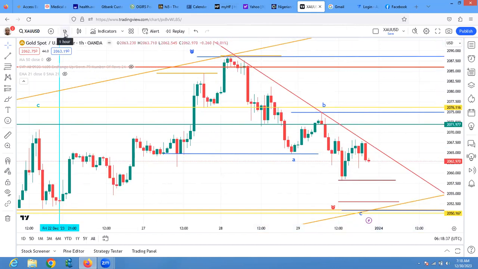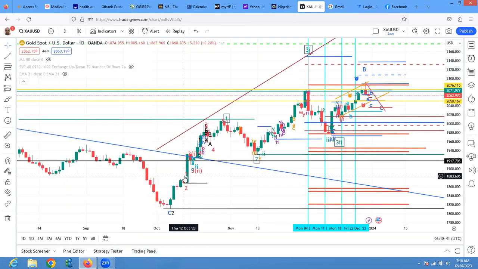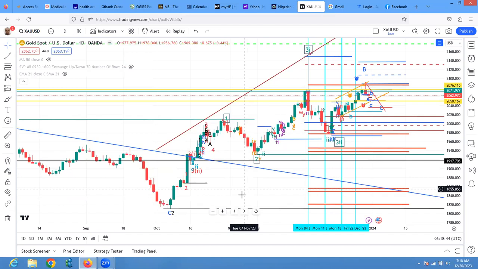So to sort this, we also have to turn to the daily time frame to understand the correction.